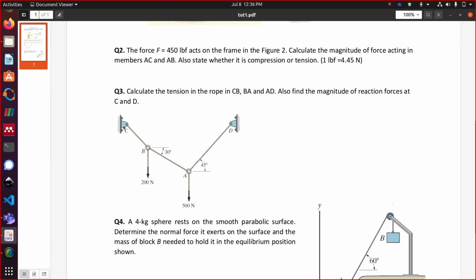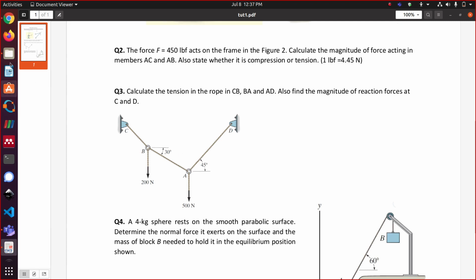And you have a rope which is connected to both the valves. And you have forces 200 Newton and 500 Newton acting downwards at a certain location where these ropes are joined together.